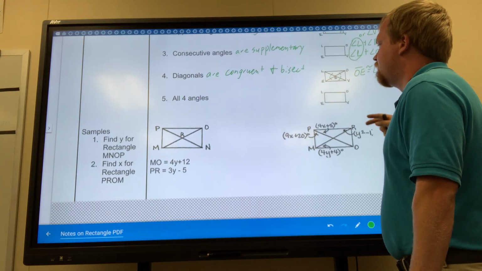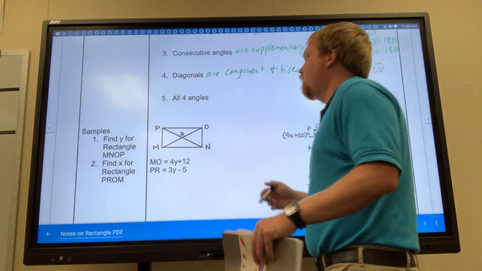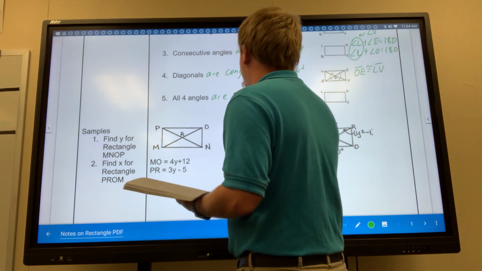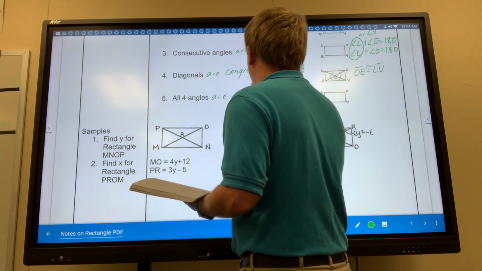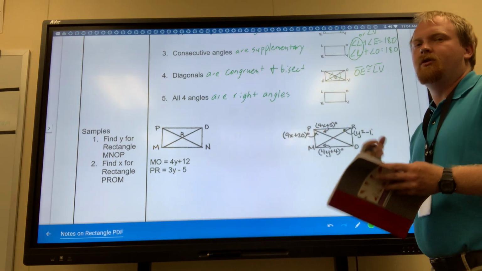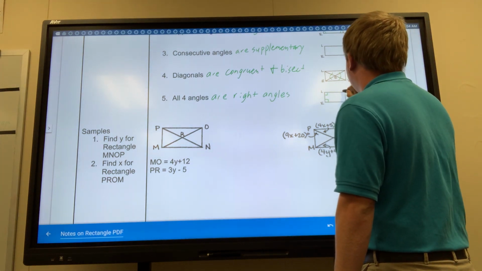Now, as far as four angles, well, we know what they are. All four angles are right angles. We know that they're all right angles because we know that they're congruent.